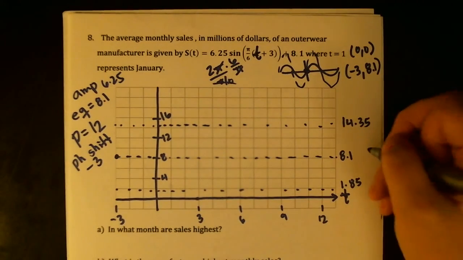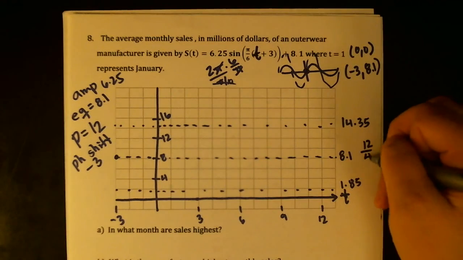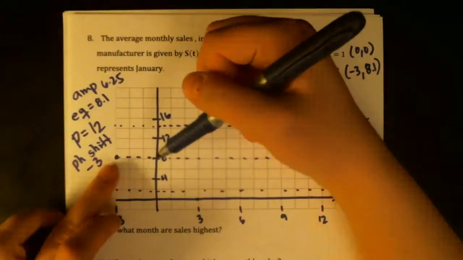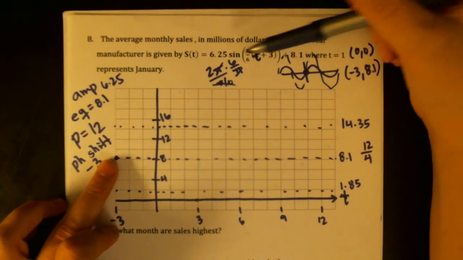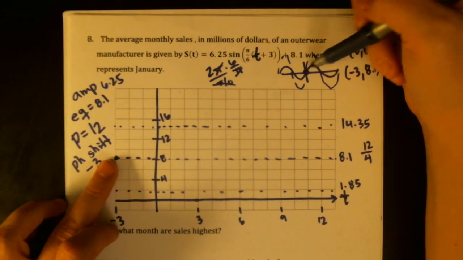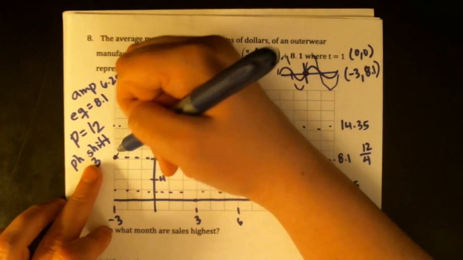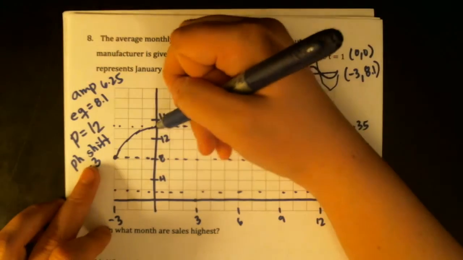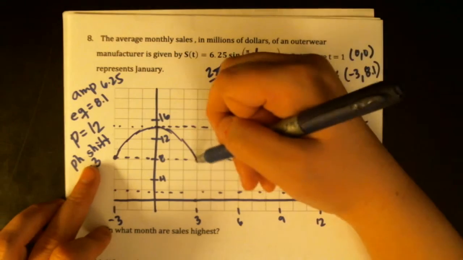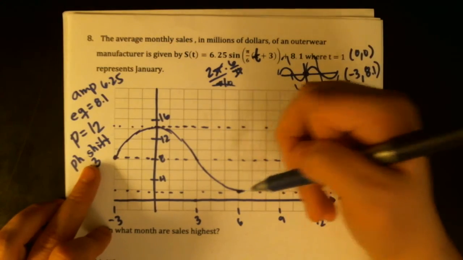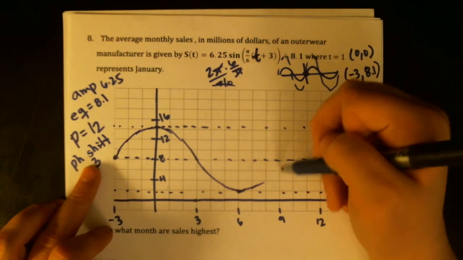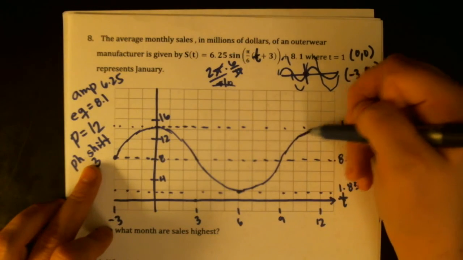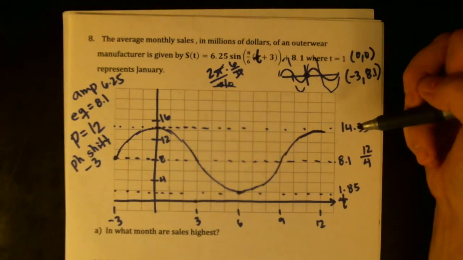Our period is 12, which means a quarter of our period is 3. So from here, there's no flip, so we should still head up. So we're going to go up to the top in 3 units, and then back to the middle, and then down to the bottom, and then back to the middle, and then up to the top, and so on.